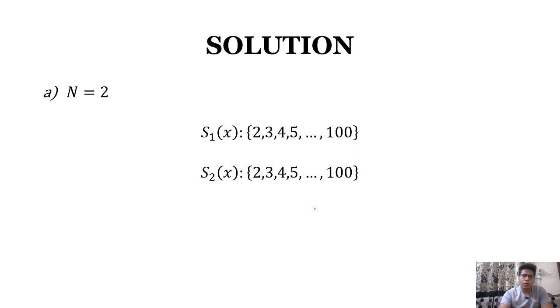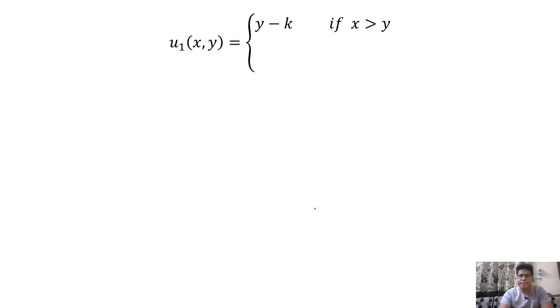Now let's write the payoff function for player 1. Suppose player 1 chooses x greater than y, then he will get the opponent's bid minus some constant k, if his bid is greater than the opponent's bid.